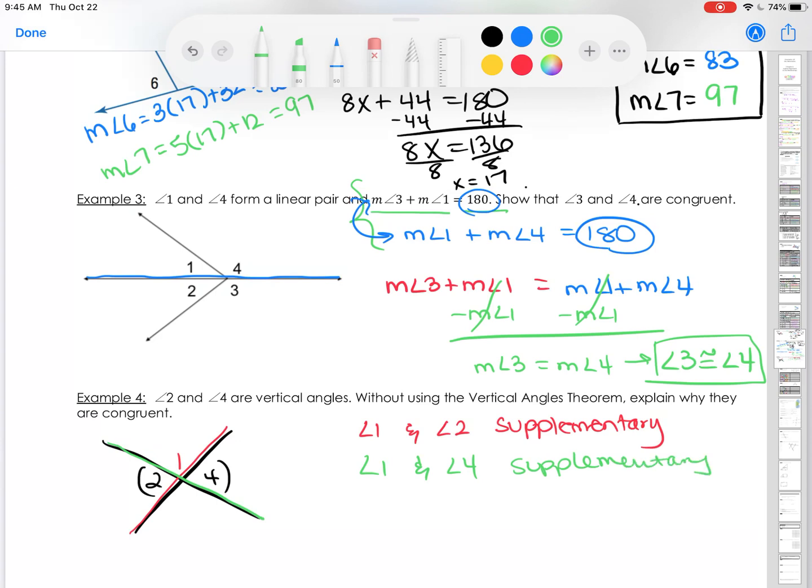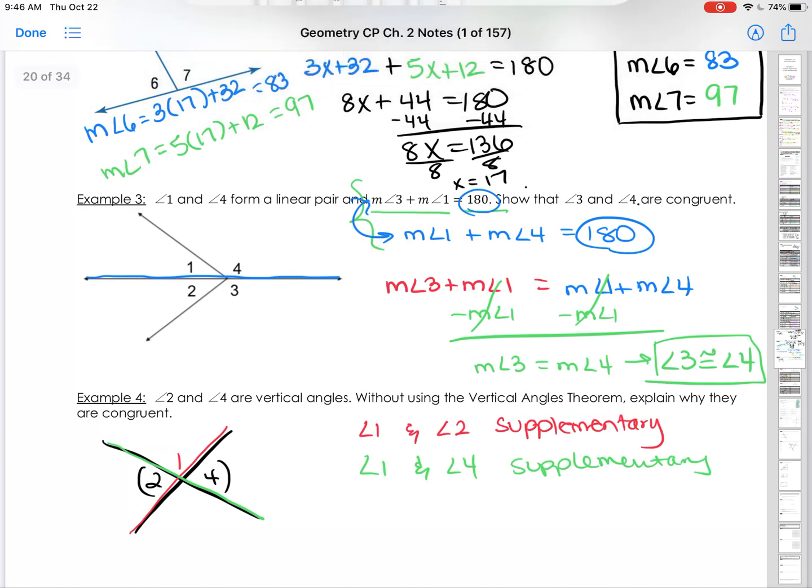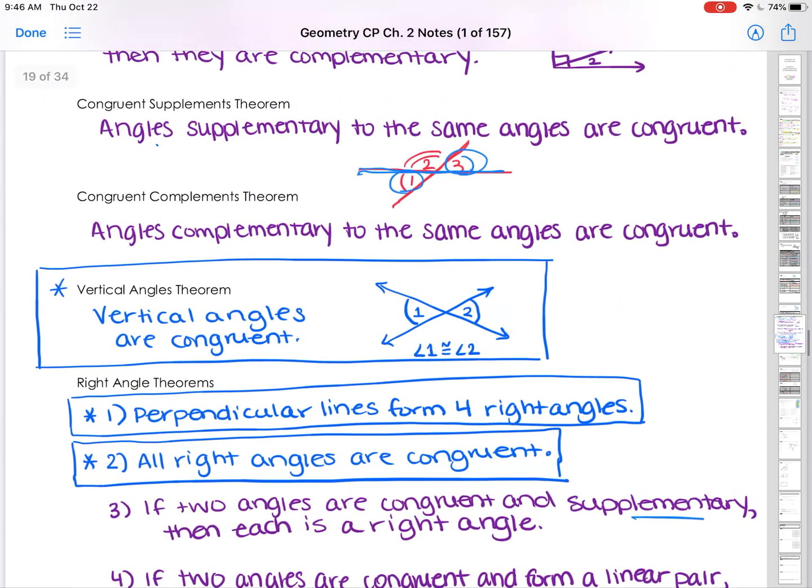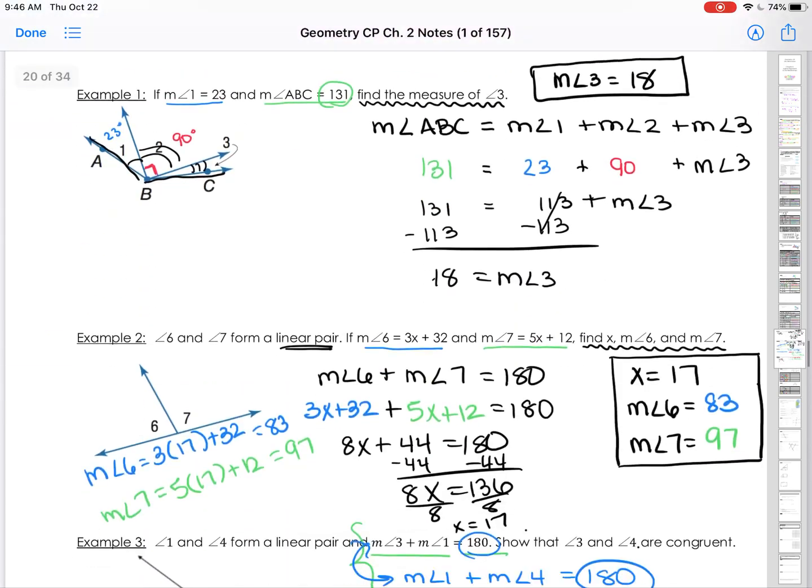So since they are both supplementary to angle 1, by one of these theorems we just had up top, if two angles are supplementary to the same angle, angles supplementary to the same angle are congruent. So that's the congruent supplements theorem.